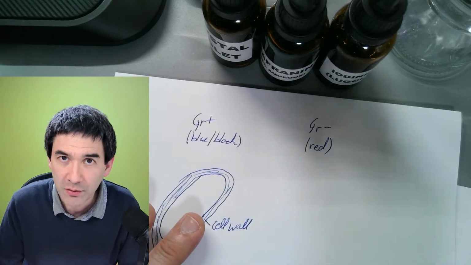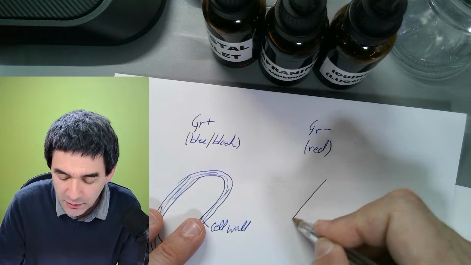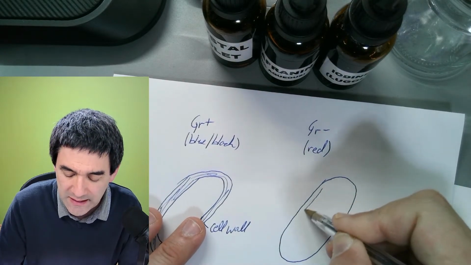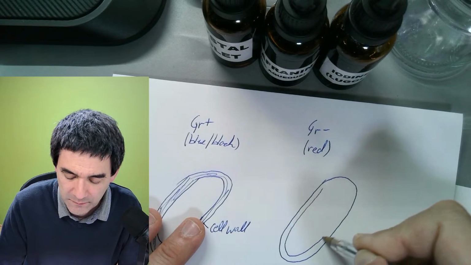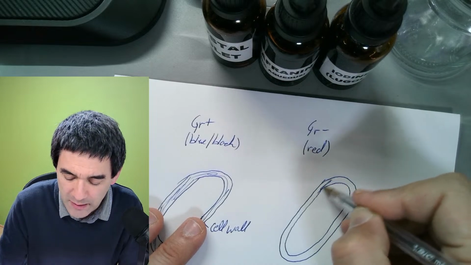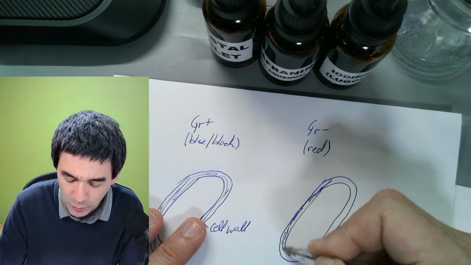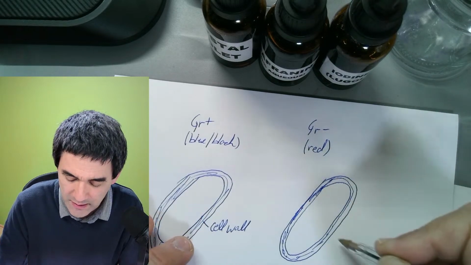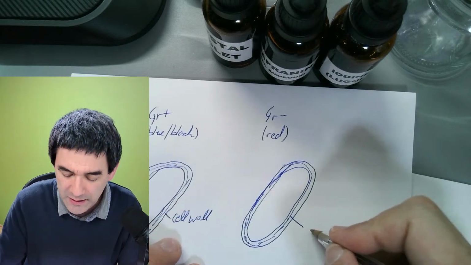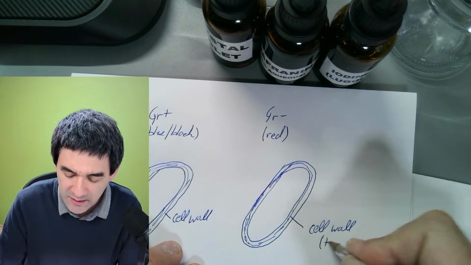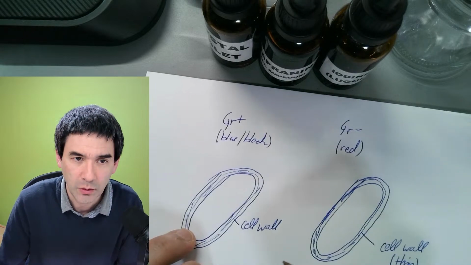Gram-negative bacteria, on the other hand, have two membranes. One, then a second one here, two membranes, and in between the outer and the inner membrane, you have a thin cell wall. So the cell wall here is thin, and the cell wall over here is thick.